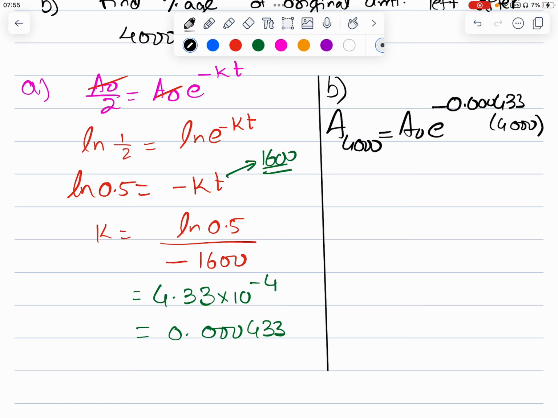What was A naught? We keep it as A naught itself. Simplify this value with the calculator. It becomes 0.176930. So it is nothing but approximately 17.7%. We can see that 17.7% of the A naught is left over. That's going to be the answer.